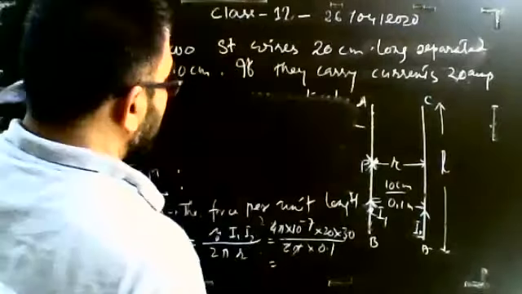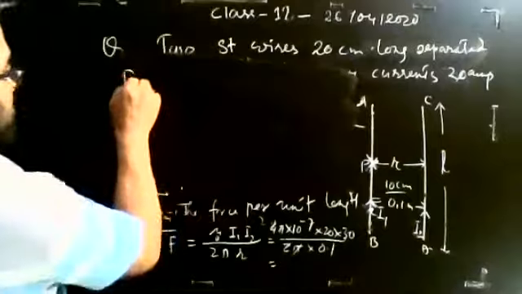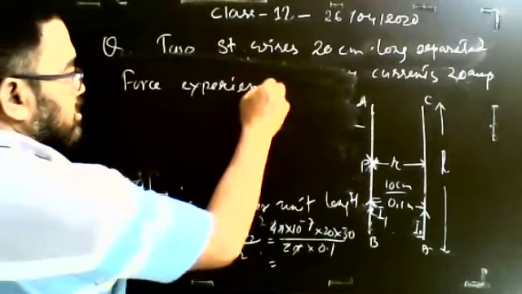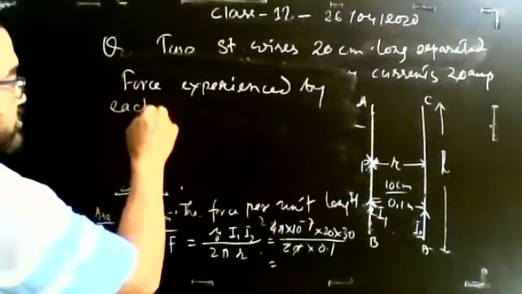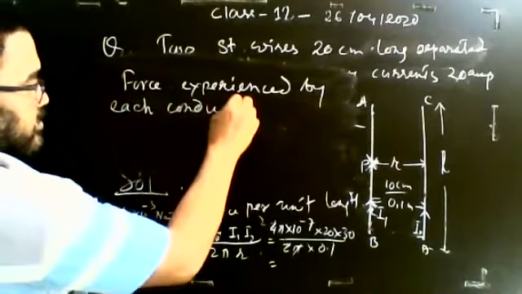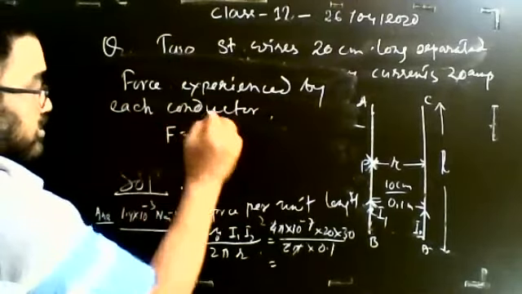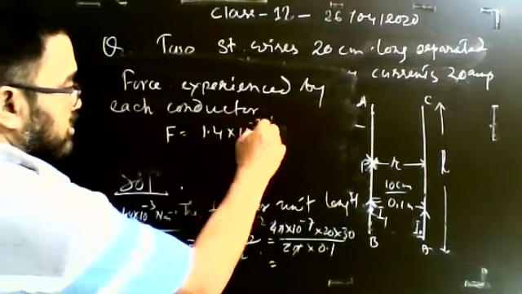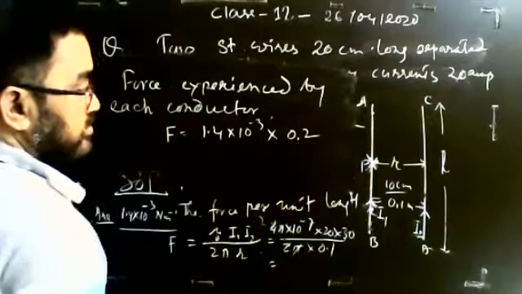So if you want to find the net force experienced by each conductor, then F is equal to 1.2 into 10⁻³ into 0.2, because this is L, the value of L.